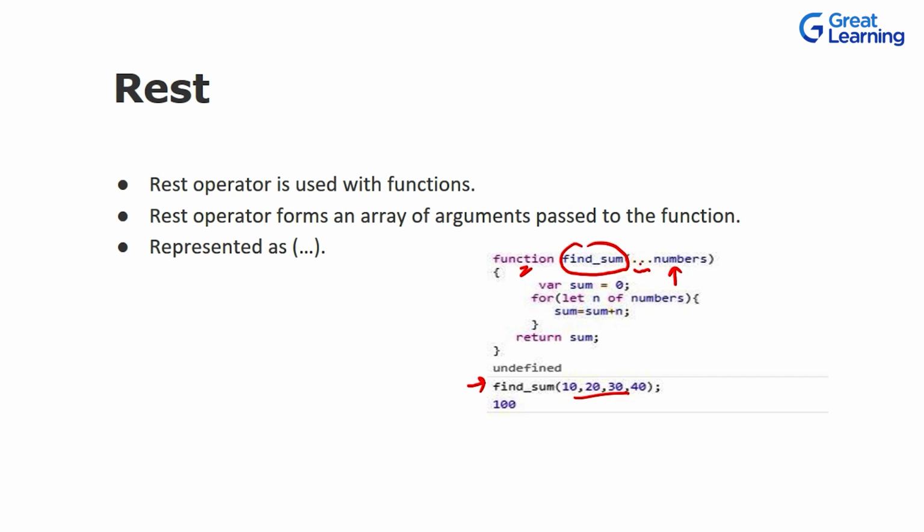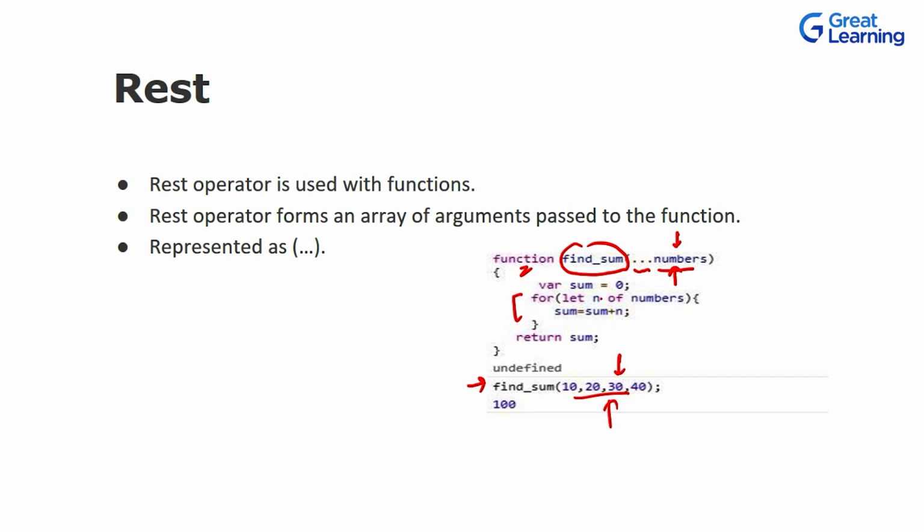So now you are forming an array of the arguments that were passed to the function. Earlier you were passing 4 arguments, but with the help of the rest operator, you converted these arguments into an array named numbers.